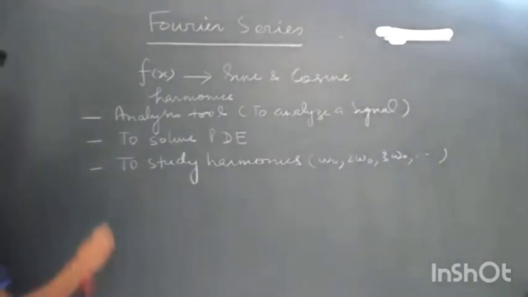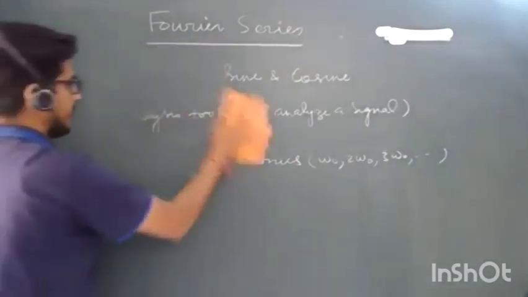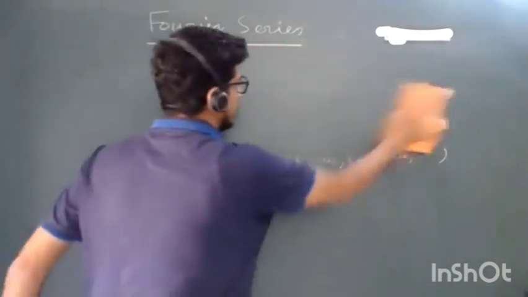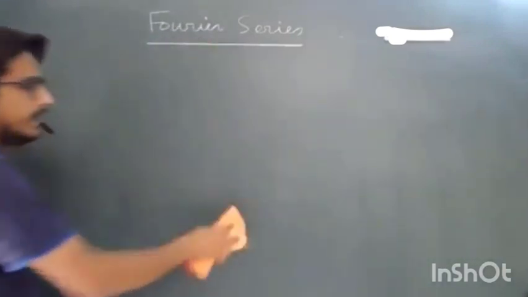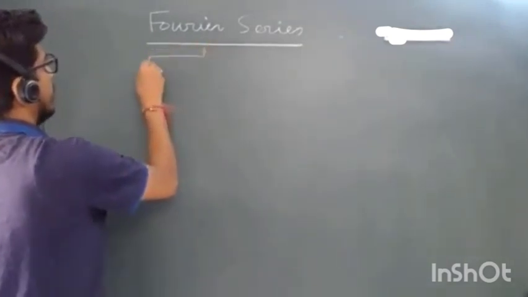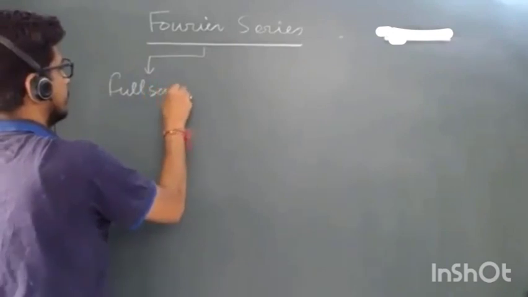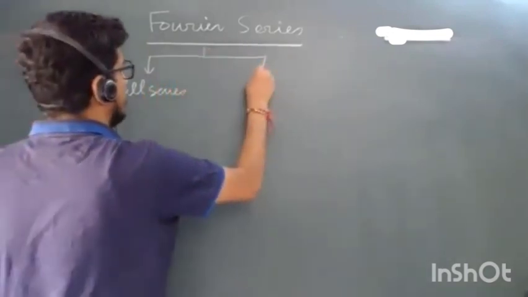So there will be actually two types. I will divide the whole chapter in two parts, and the first part will be the full series and the second part will be the half series. So in Fourier series we will have a full series and then half series.